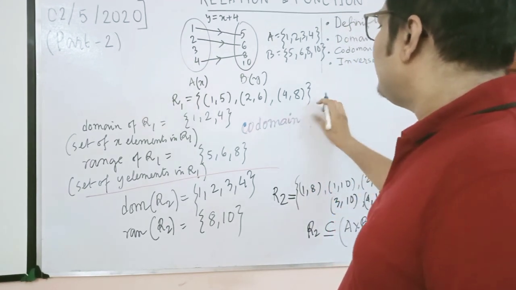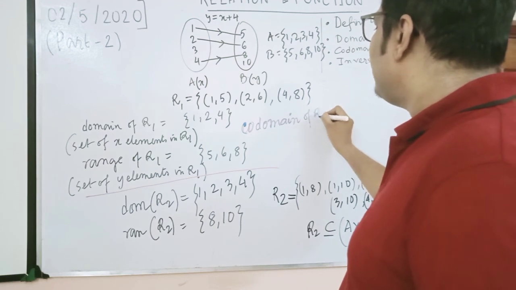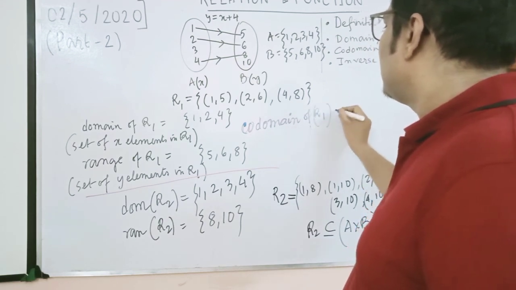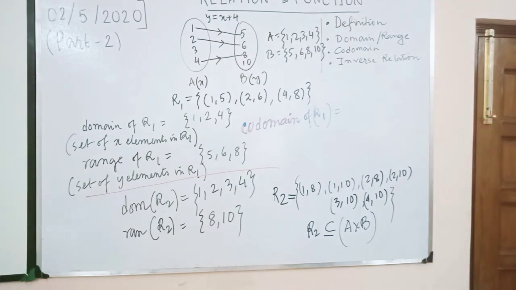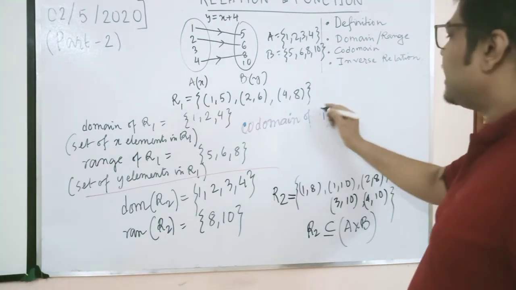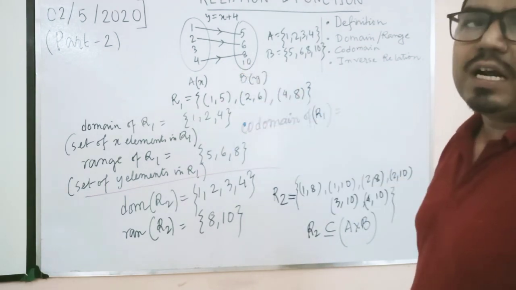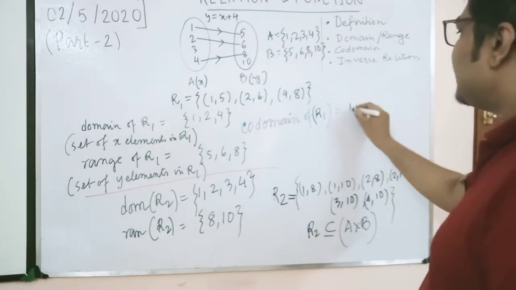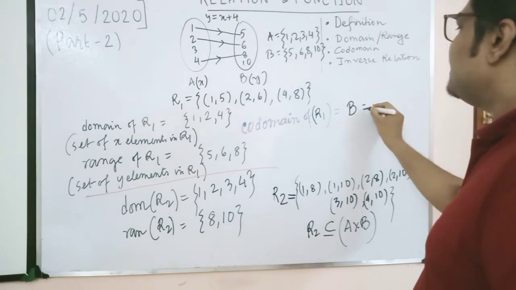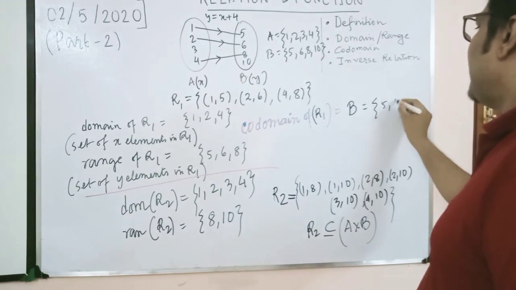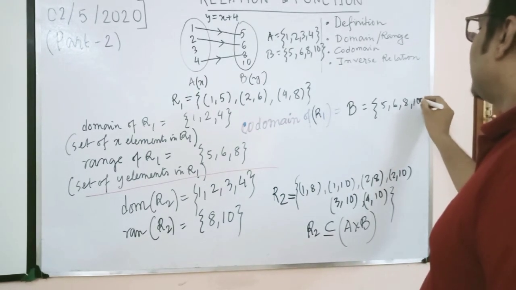Codomain of, first of all we will write R1. Codomain of R1 is what? Always remember, codomain of R1, it's actually very easy to get. It's the second set of the Cartesian product. That means it's only B, 5, 6, 8, 10.